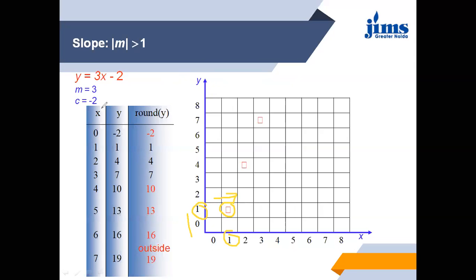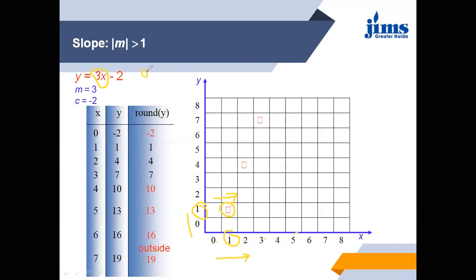In this example, we are taking the pixels on the x axis one by one: first for 0, then 1, 2, 3, 4, like this. So for 0, if we calculate the value of y from here, the value of x will be 0 and this is minus 2.